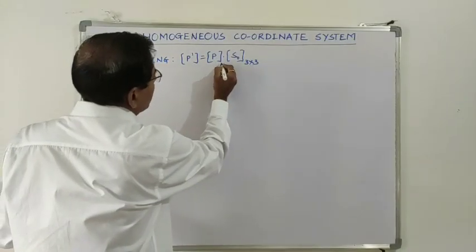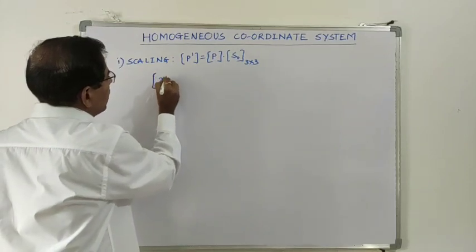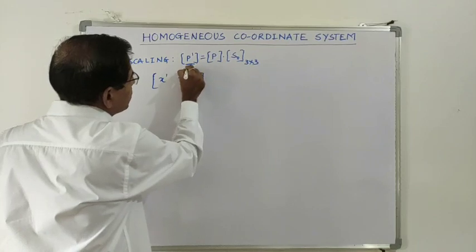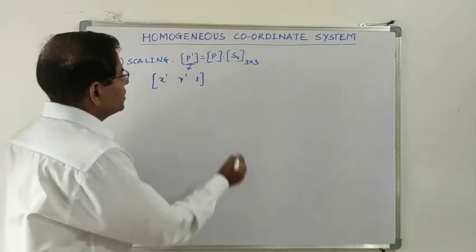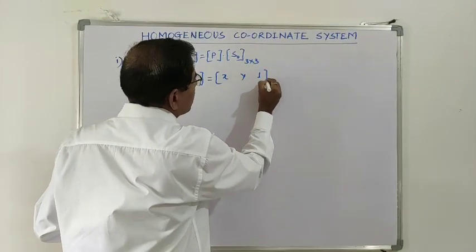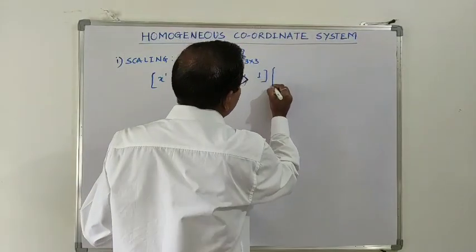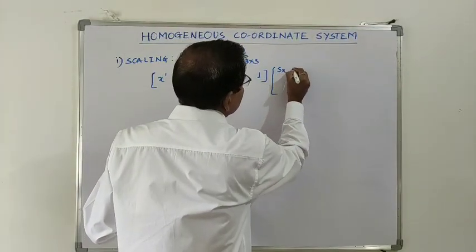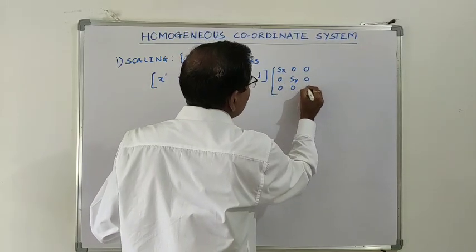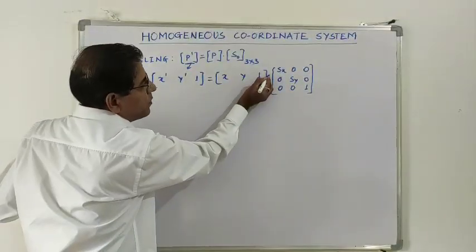The size of a point, say this P is a point, so x dash y dash 1, this is the P dash matrix, is equal to x y 1, this is the original coordinate, that is the P matrix, and it is multiplied by Sx 0 0, 0 Sy 0, 0 0 1, and it is captured by matrix multiplication.